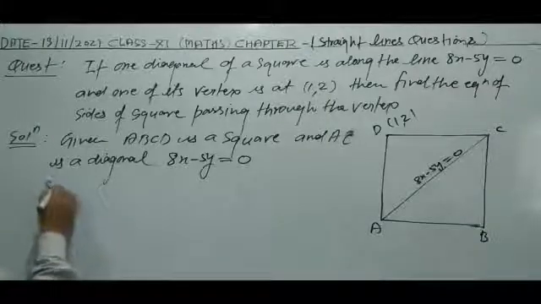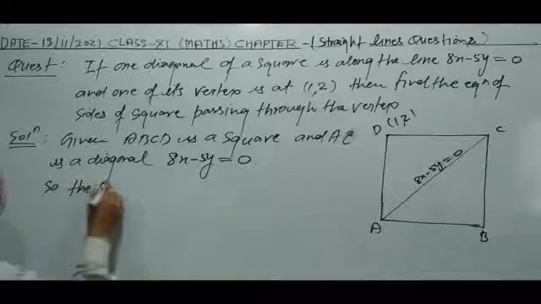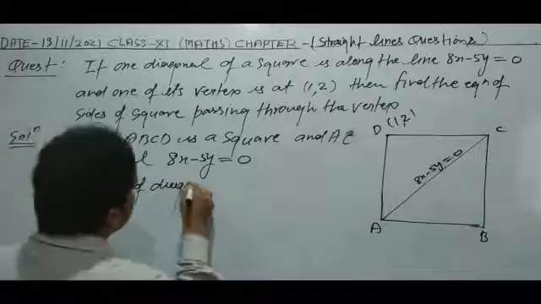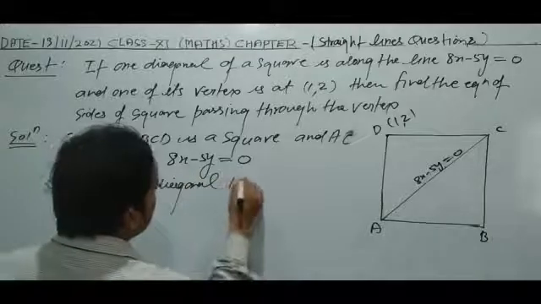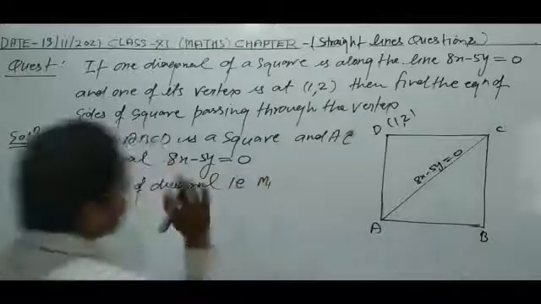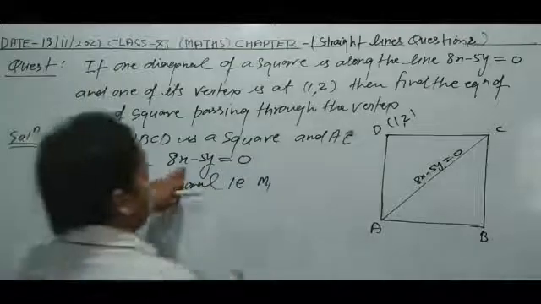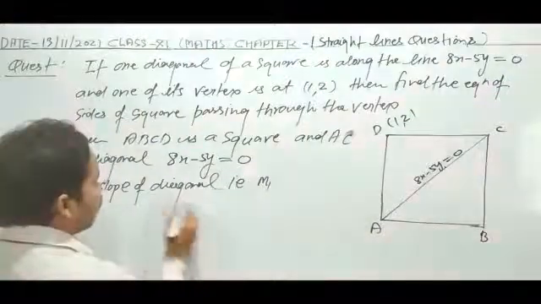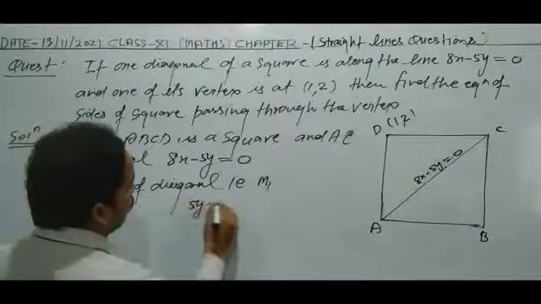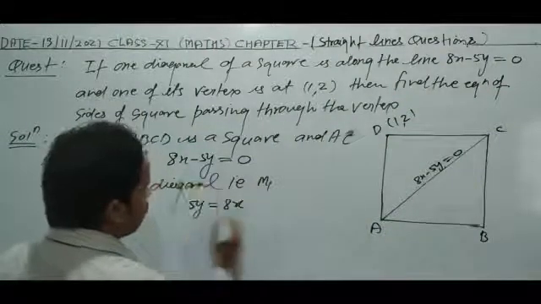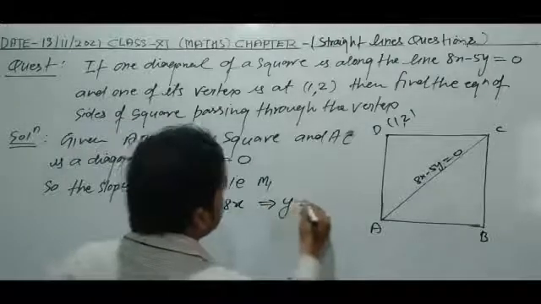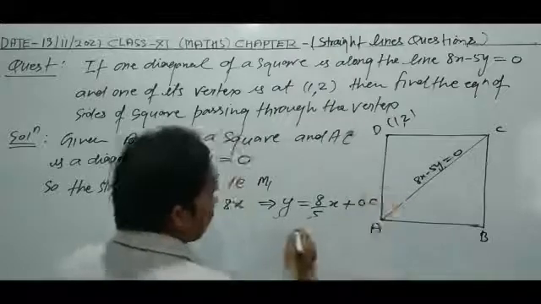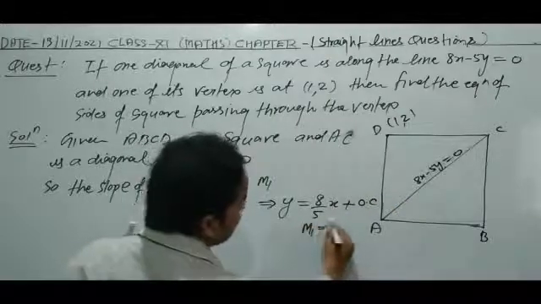So the slope of diagonal, that is m1, and m1 what will be the result? इसको अगर हम लोग y is equal to mx plus c के फॉर्मेट में राइट करेंगे तो 5y is equal to 8x. This implies y is equal to 8 by 5 x plus 0 into c. Therefore m1 is equal to 8 by 5.